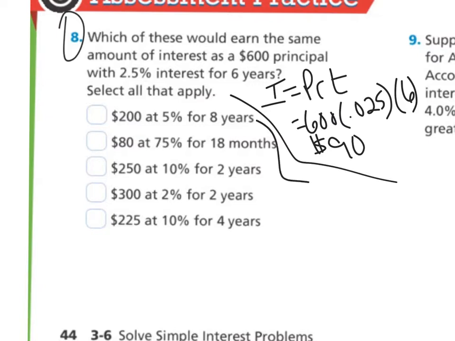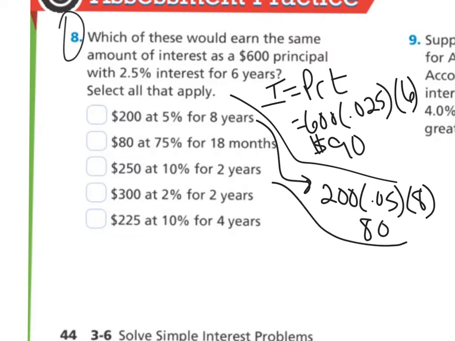So the first one, same idea, so 200 times 0.05 times 8, and that would be 80. A little bit different on the second one. I guess I'm going to number these because we're not having enough room to work all these out here.